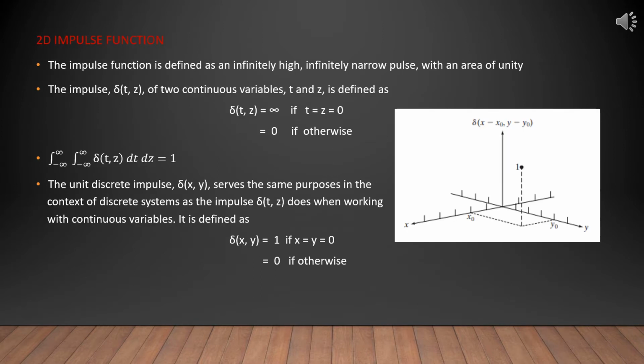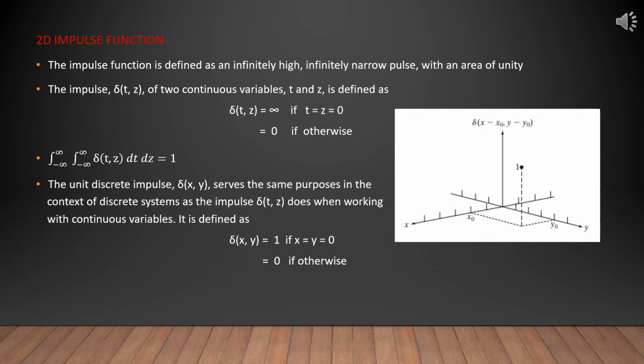Similarly, we can extend our definition of the one-dimensional impulse function to define the two-dimensional impulse function. It is also an infinitely high and infinitely narrow pulse with an area of unity. To define a continuous two-dimensional impulse function, we have to consider two continuous variables, for example, t and z.